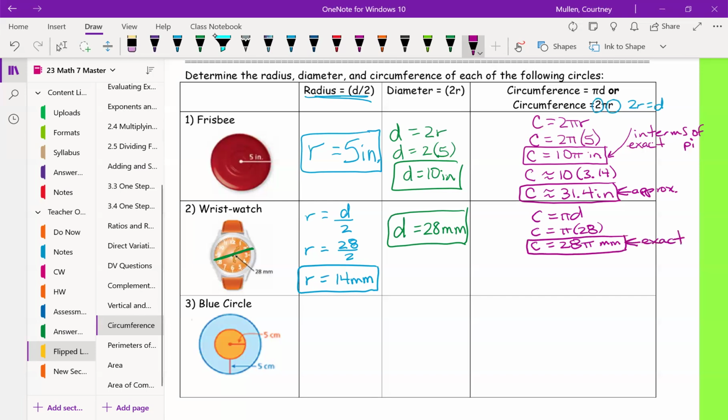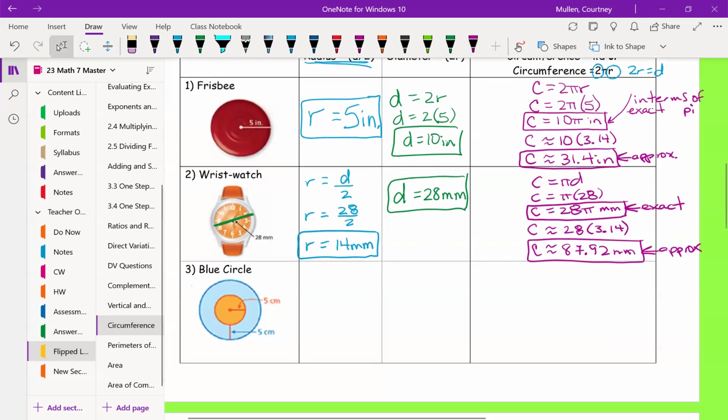It's exact because leaving the pi as the pi symbol encompasses all of the digits of pi. So it's precise. For an approximate value, we would use 3 and 14 hundredths for pi. And this time, let's round to the nearest hundredth. When we multiply, we get 87 and 92 hundredths millimeters. And there's our approximate value.